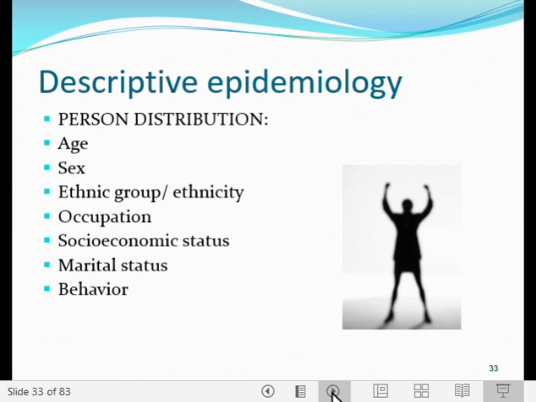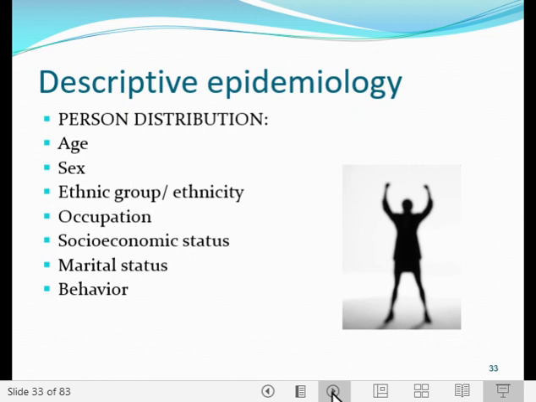Marital status, people who are married are more responsible and therefore tend to live longer, while those who are not married are not and they usually tend to die earlier.